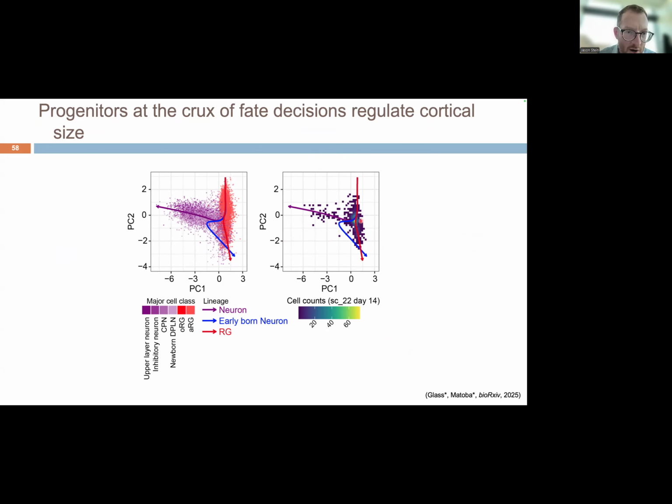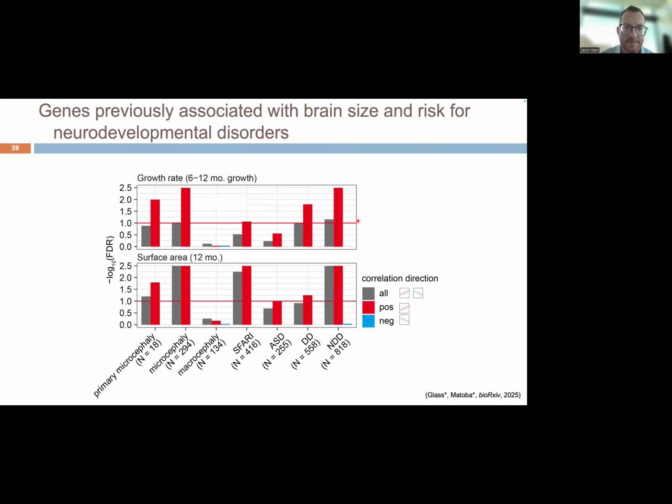And right at the crux of that fate decision is where this cluster 22, SC22, is found. So this cluster seems to be really important for determining fate decisions right at the point where you decide to form a progenitor or another neuron. And individual variability there seems to be predictive of what determines brain size later on in development.